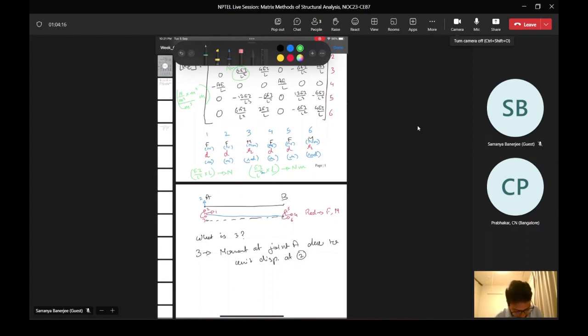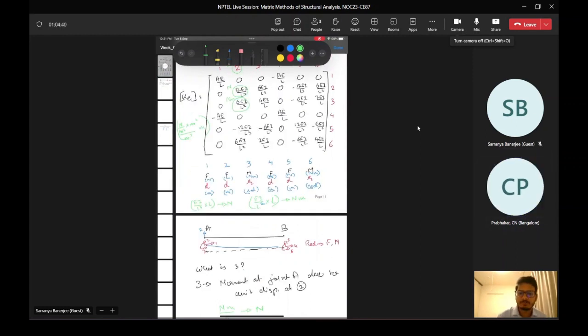The units for 3 should be moment at joint A due to unit displacement at joint 2. This means Newton meter per meter. So that's how it is 6 EI by L square. This gives the Newton meter per meter displacement, so you'll get a Newton thing. That's okay.